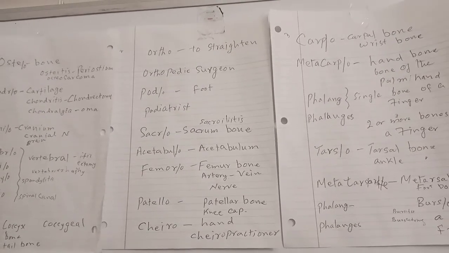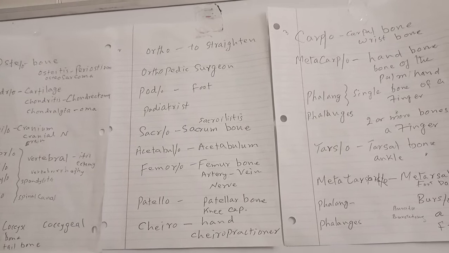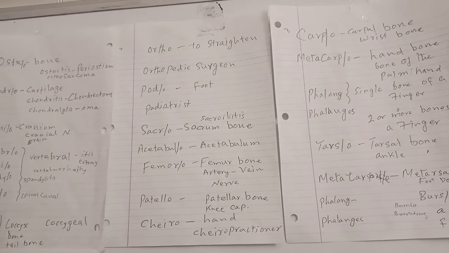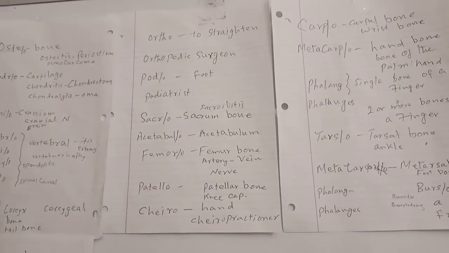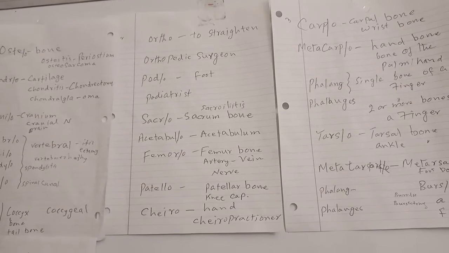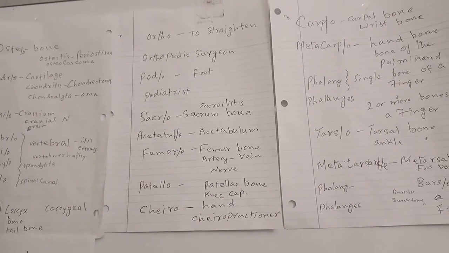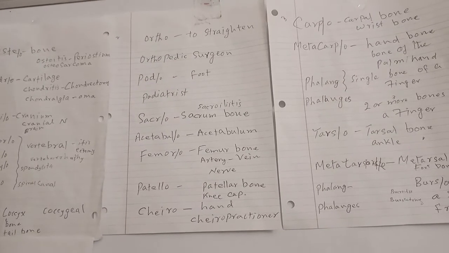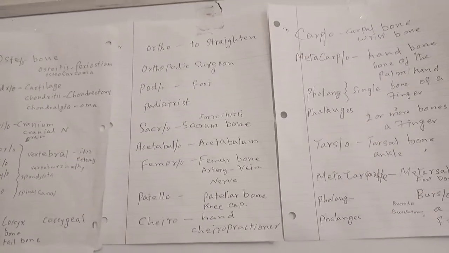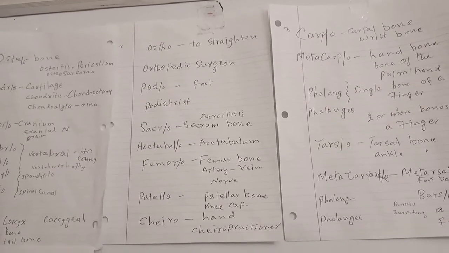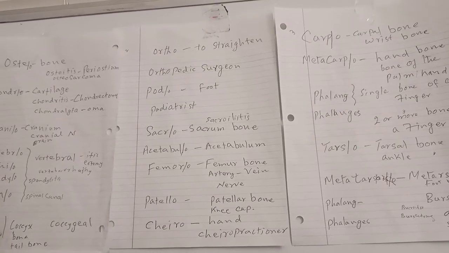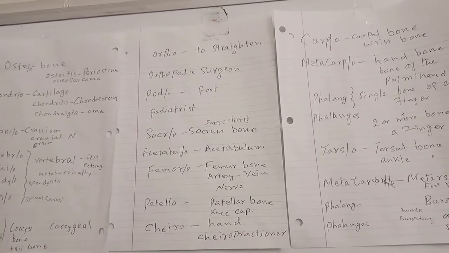Sacro. Sacro means sacrum bone. The sacrum bone is present at the end of the vertebral column on the back side. One hip bone is on the right side of the sacrum, the other is on the left side, and with these two hip bones, the sacrum makes two joints known as the sacroiliac joints.